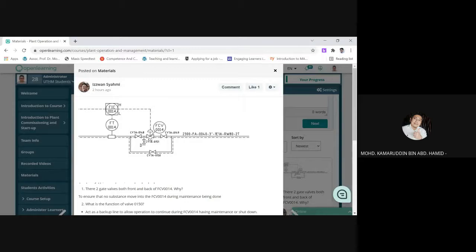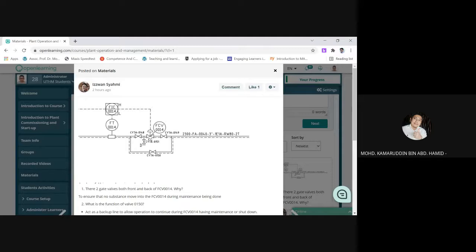Physically, we are talking about the physical pipe. Physically, you will have no flow if there is a breakage. Pipe tu tiba-tiba pecah ataupun patah, so no flow at all.